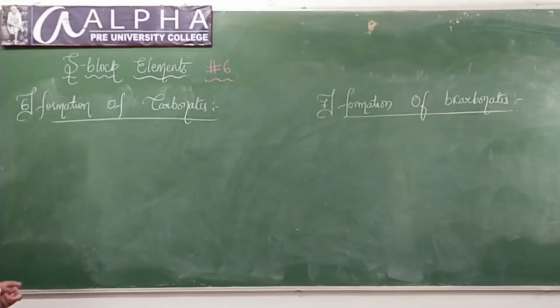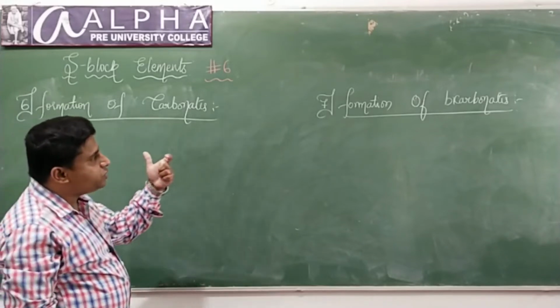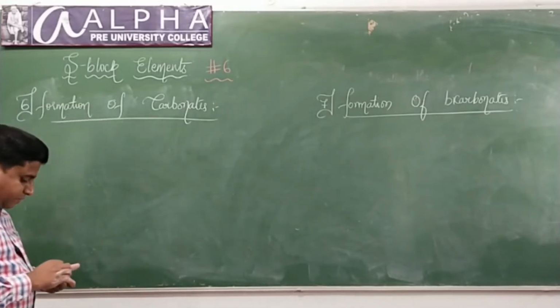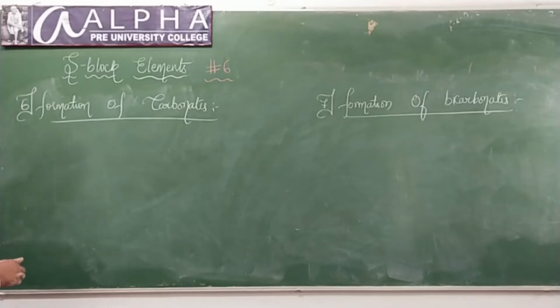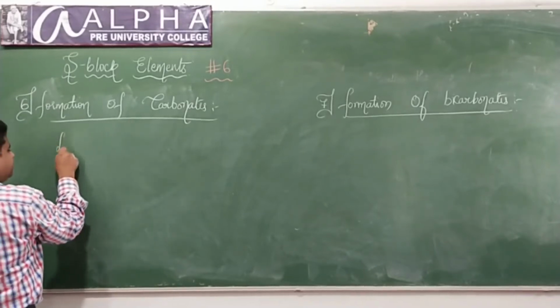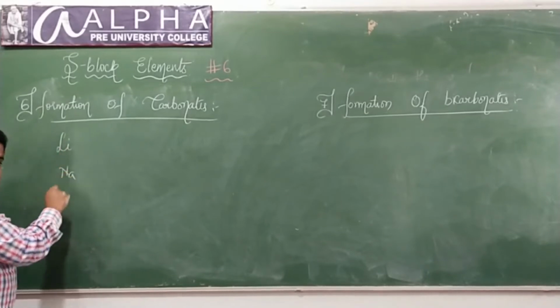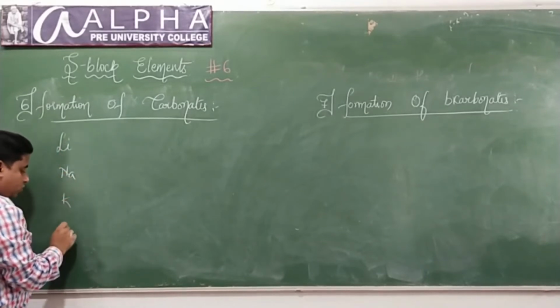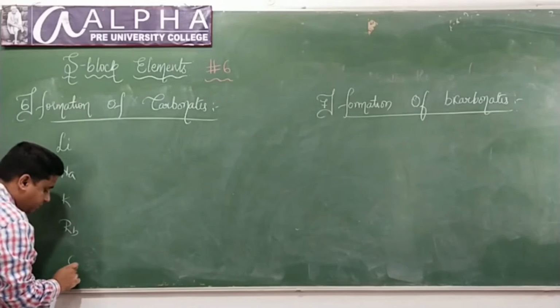Well, look here. How is carbonate formed and how is bicarbonate formed? See, we have alkali metals such as lithium, sodium, potassium, rubidium, cesium, correct?